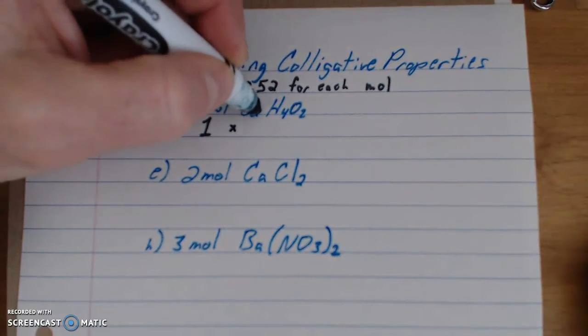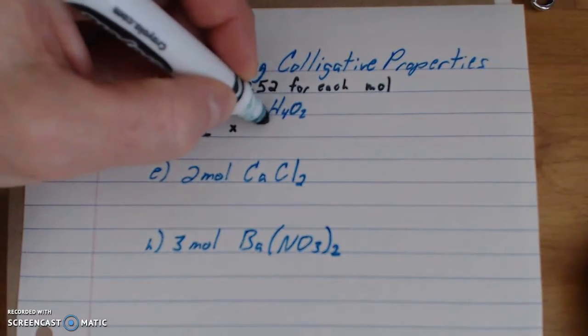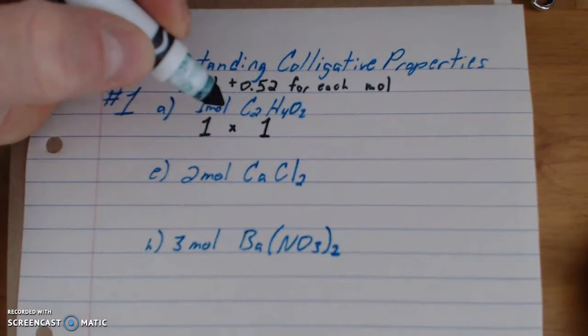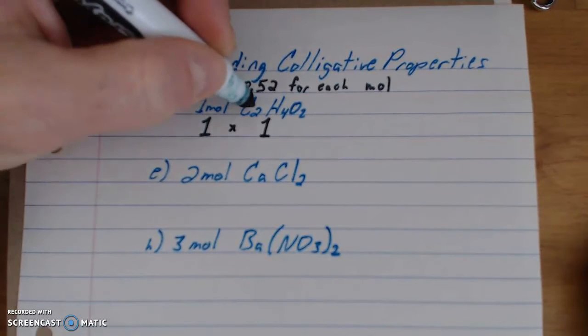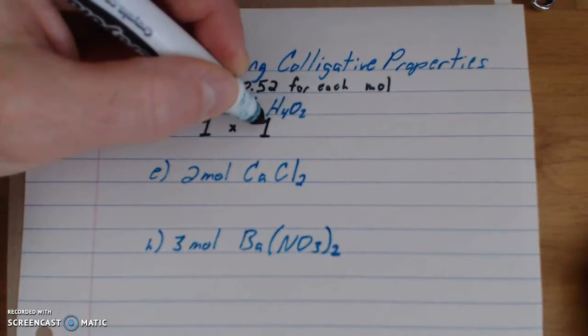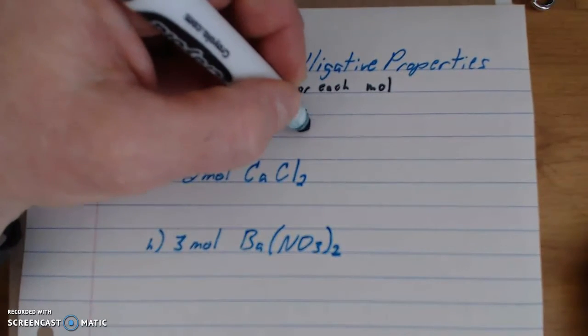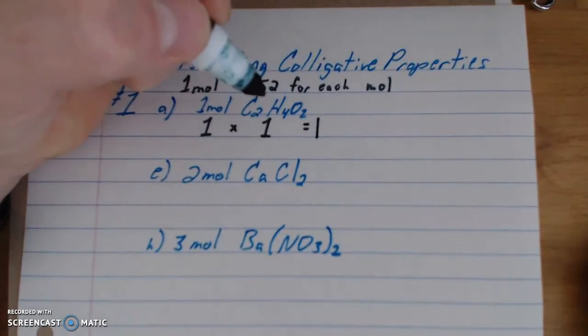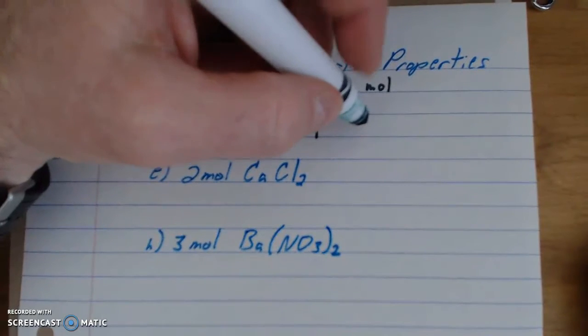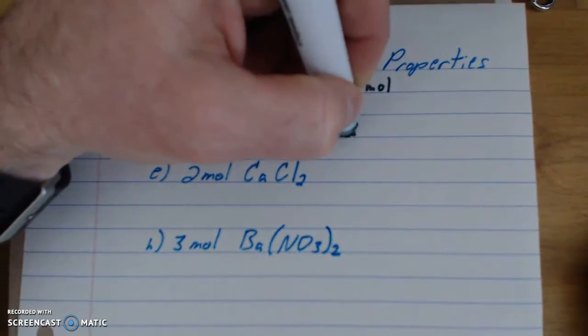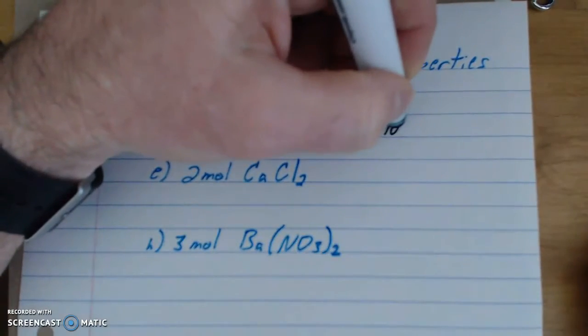So 1 C2H4O2 will make 1 particle. So if we have 1 mole, each substance makes 1 particle. How many do we have in all? 1. So that means that our boiling point will increase by 0.52, and our new boiling point will be 100.52.